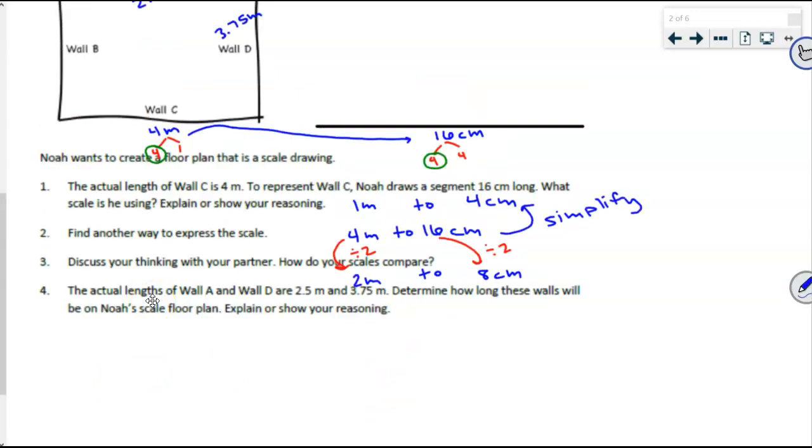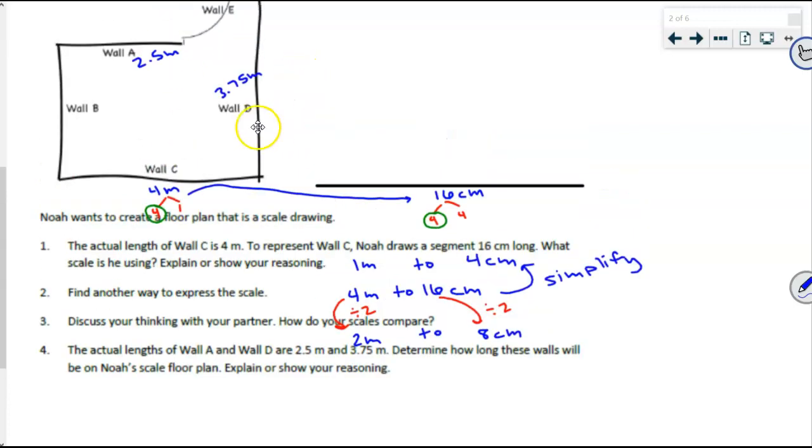Okay, let's come back together and let's discuss how long wall D is going to be in this scale drawing. How are we going to use all the information that we've already done so far to figure out how long it's going to be in the new drawing? Trace. Okay, why? That's great. Tell me why. Why did you multiply this by 4?